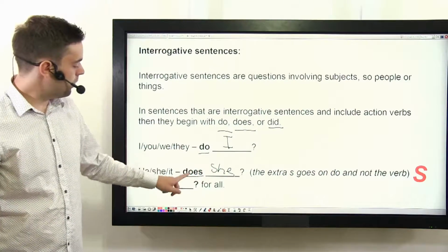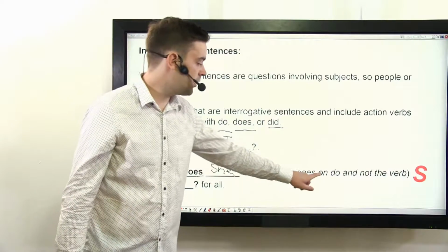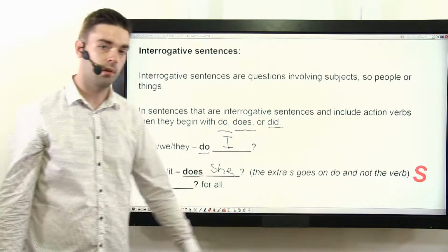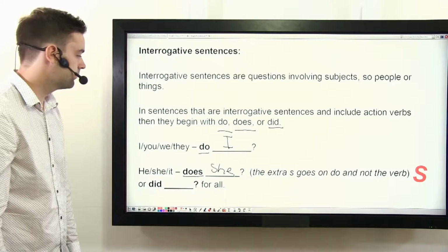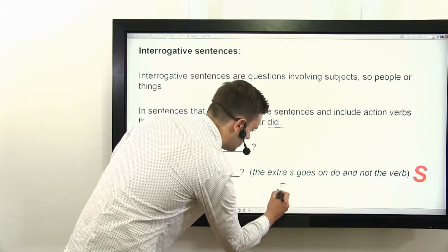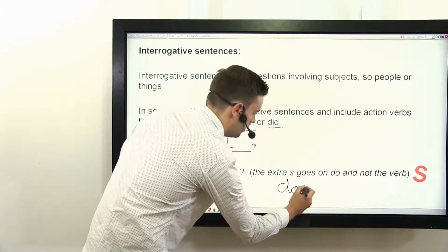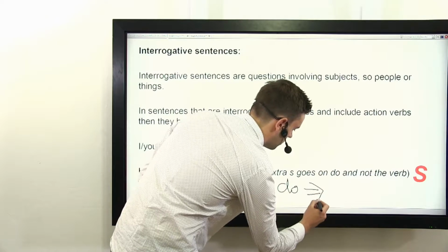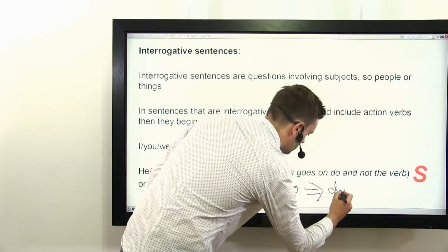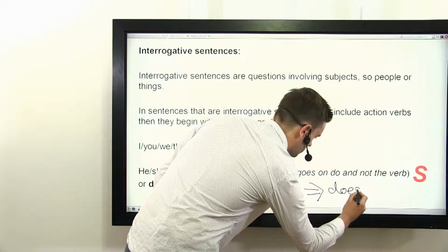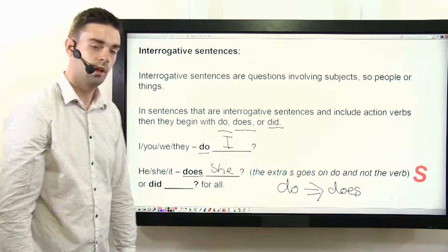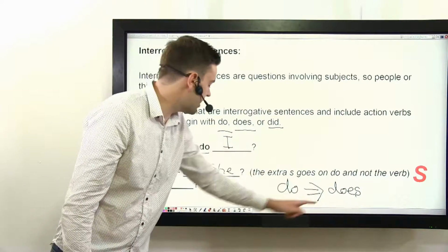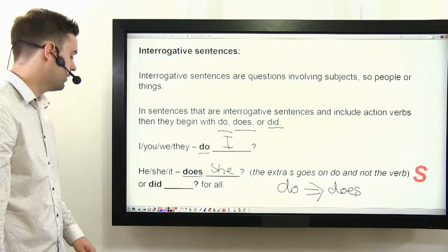So, you've got do or does. The extra S goes on do and not the verb. So again, do goes to does. Do and does.